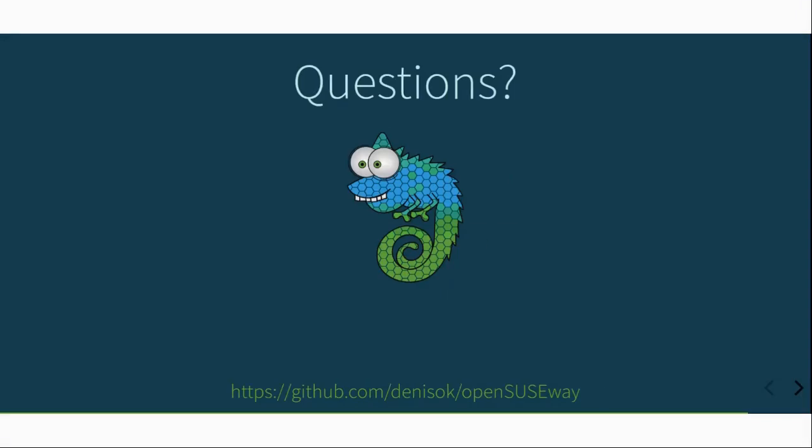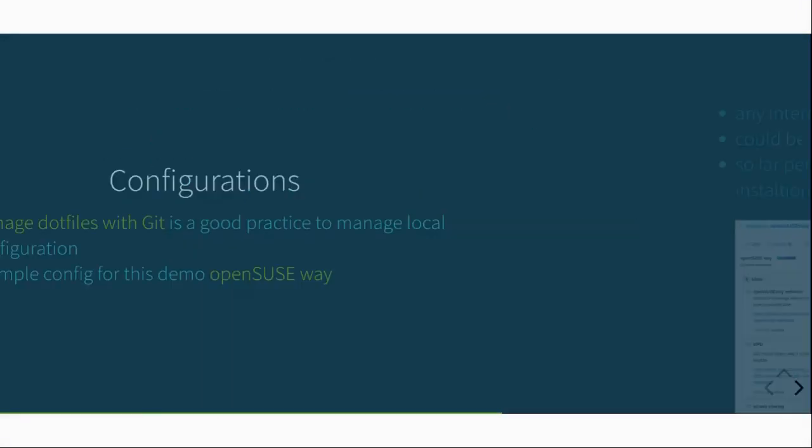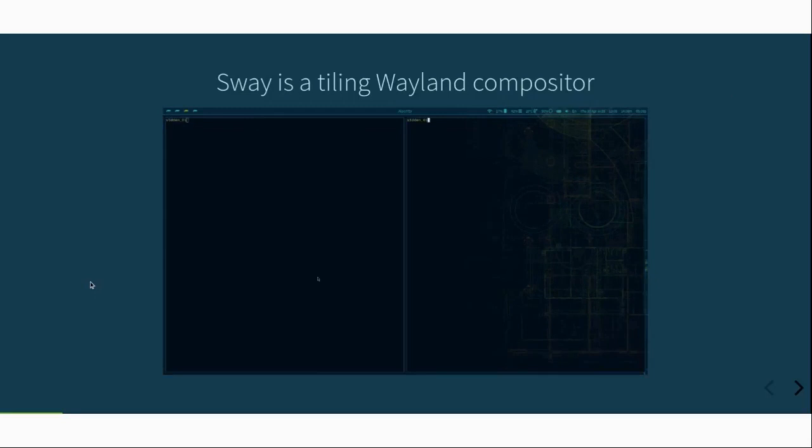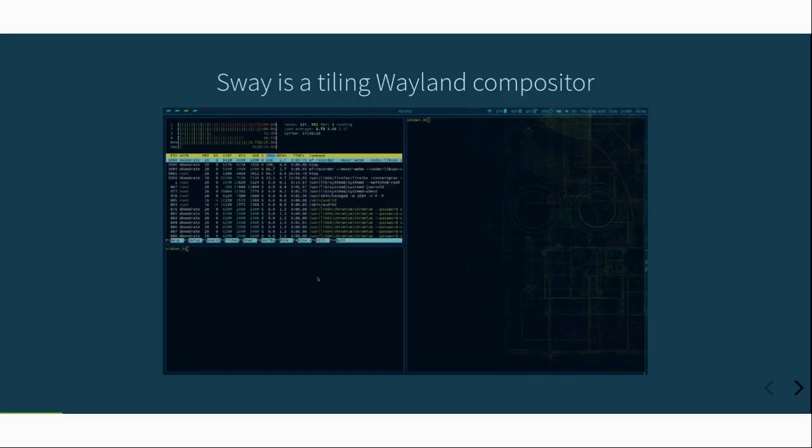Questions? That's actually, I was quite quick on my presentation. Let me come back and show you how that looks once again. So here you see I opened a couple of terminal windows with just, not Shift Enter, but with Windows key Enter.